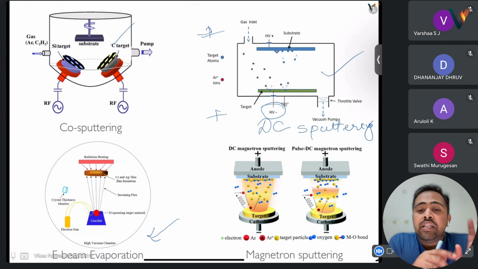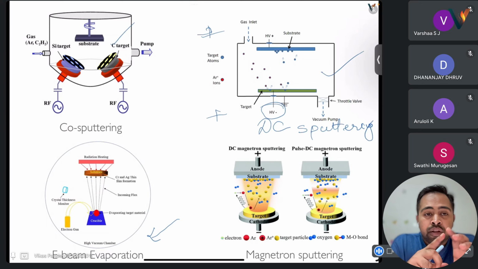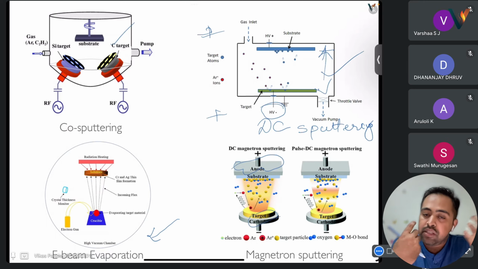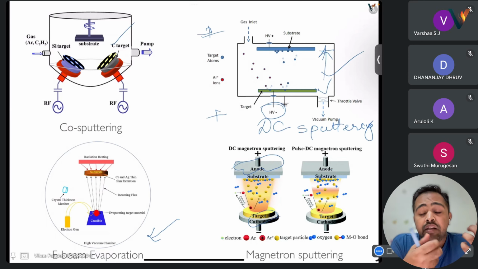So it is DC magnetron sputtering, a high magnetic field using DC. In the earlier case, it was just an electric field. Here, electromagnets are used to create the field, very similar to DC sputtering, but instead of an electric field, it will be a magnetic field.